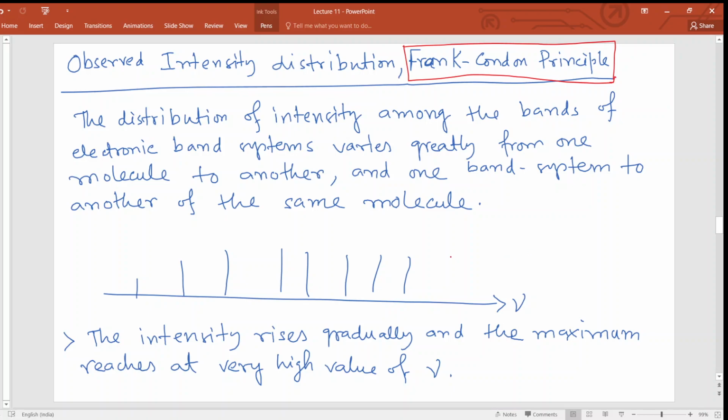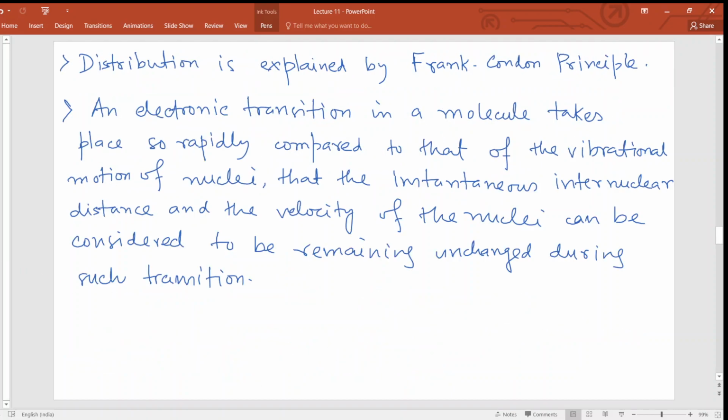If we look at the electronic spectra, we get different lines corresponding to different values of delta nu. Usually the intensity rises gradually and the maximum is reached at a very high value of nu. This distribution of intensity is explained by the Franck-Condon principle.